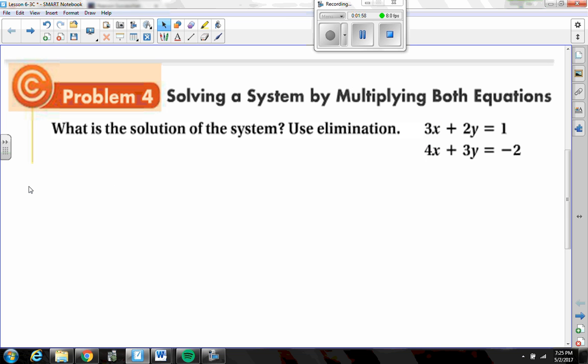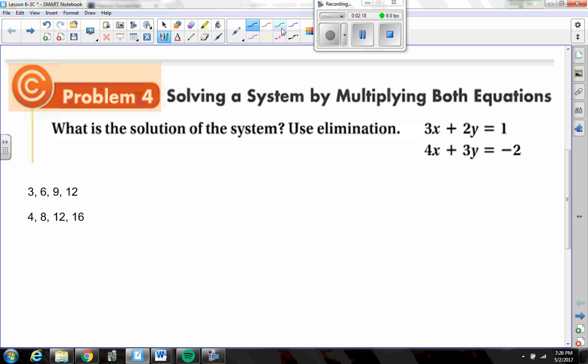The best way to do that is start listing out multiples of 3 and multiples of 4 and find where they are the same. So multiples of 3 would be like 3, 6, 9, and 12. And multiples of 4 would be 4, 8, 12, 16.